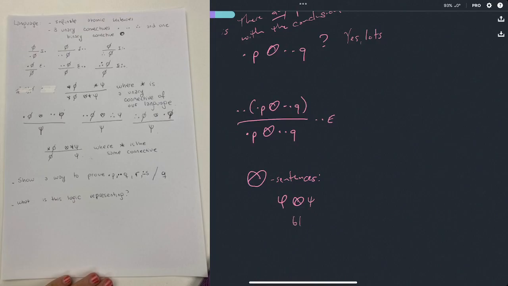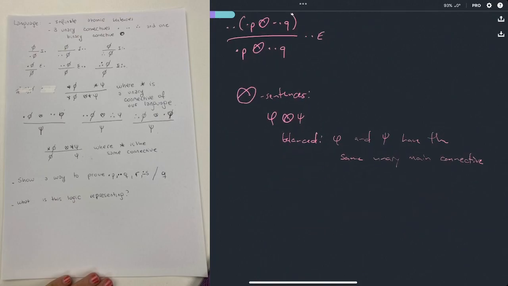We'll call it balanced if phi and psi have the same unary main connective, and unbalanced otherwise.